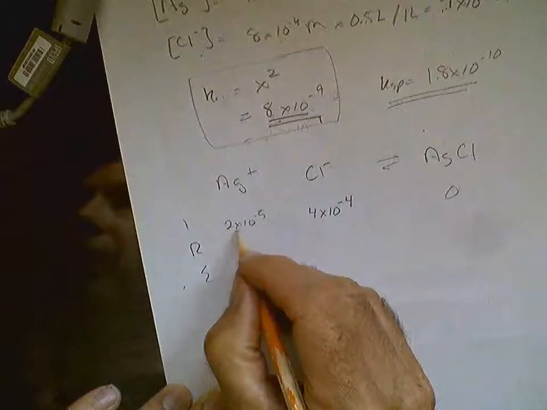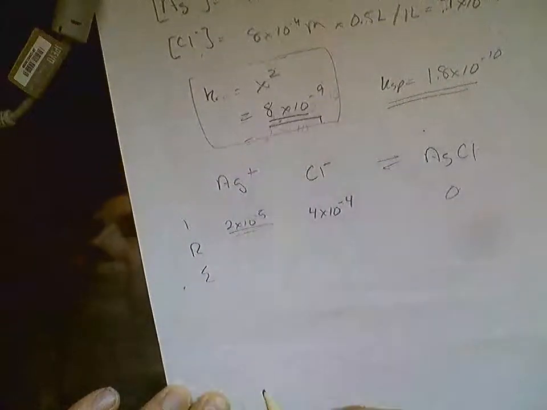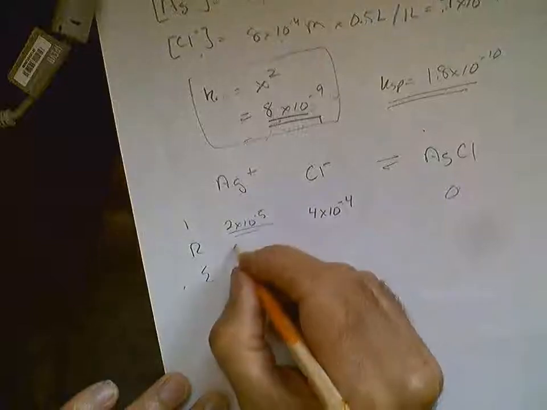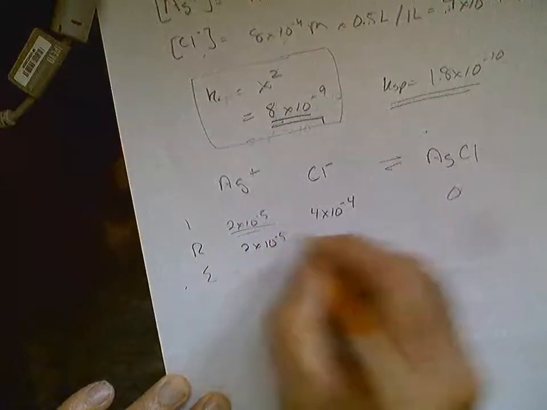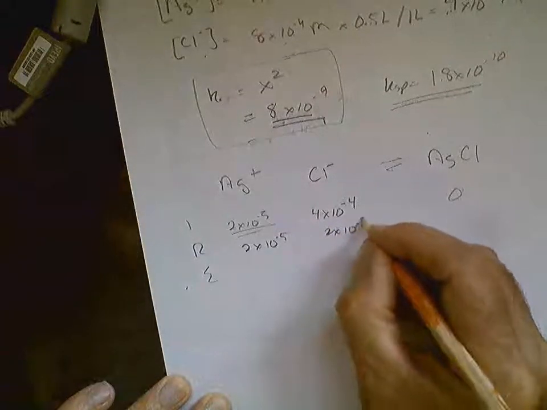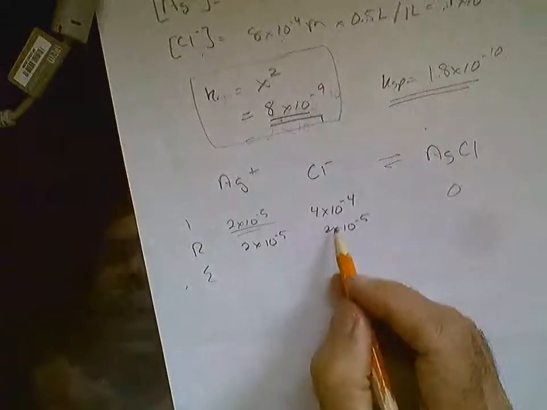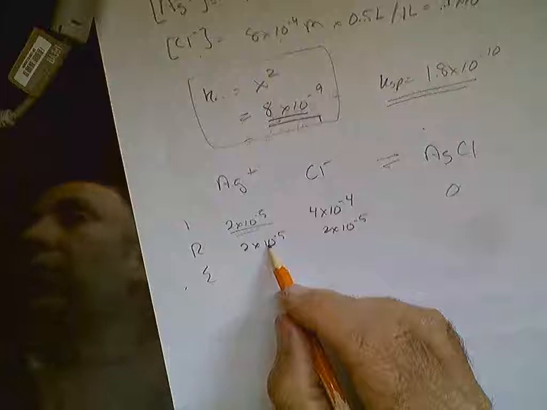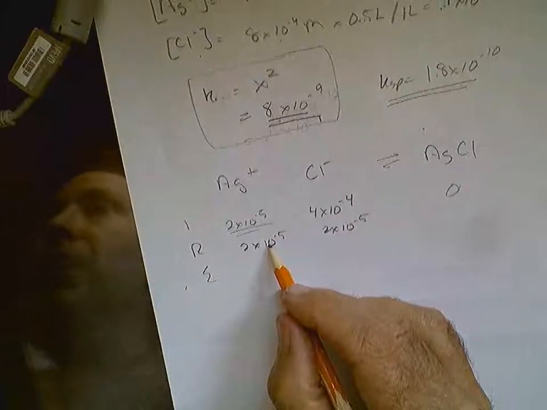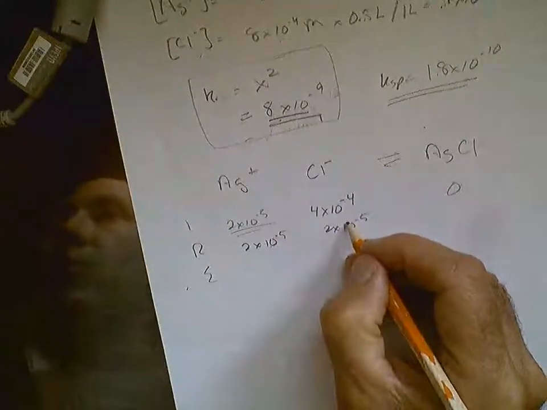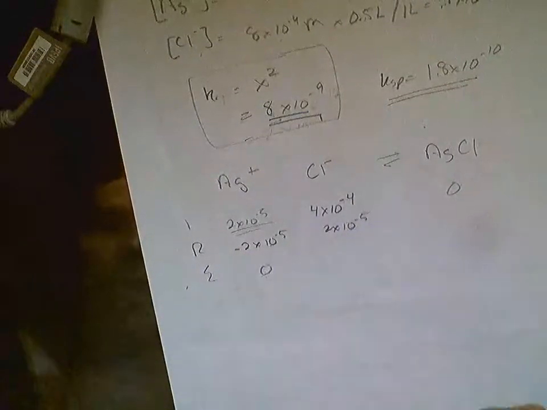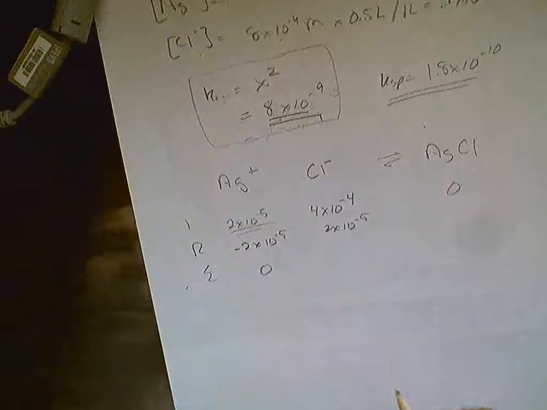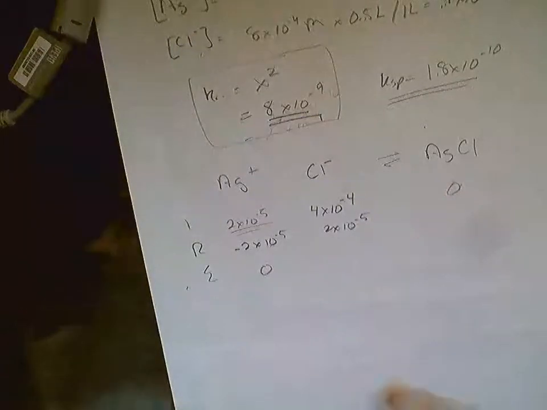You can only take away a maximum of your smallest amount, which is 2 times 10 to the negative 5. So what happens is you can only react 2 times 10 to the negative 5 here, so you can only react 2 times 10 to the negative 5 here. If we subtract that, we end up with 0 here. And what we end up here is 4 times 10 to the negative 4.